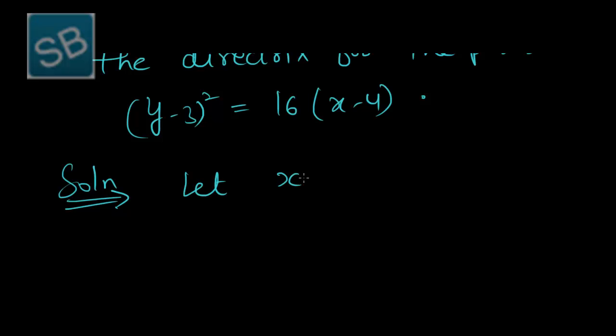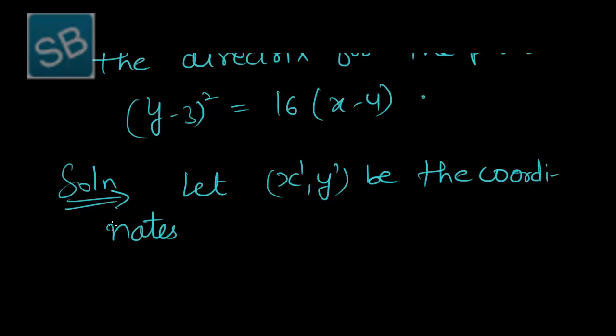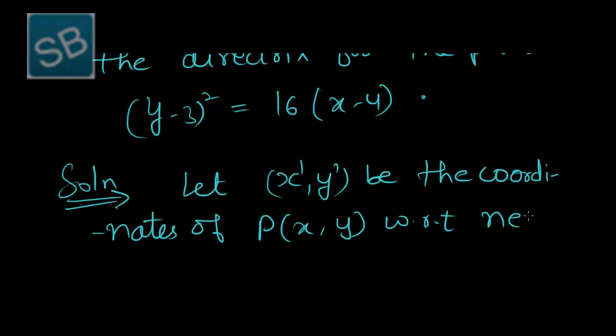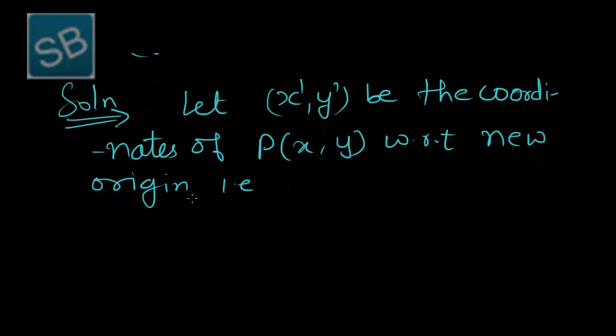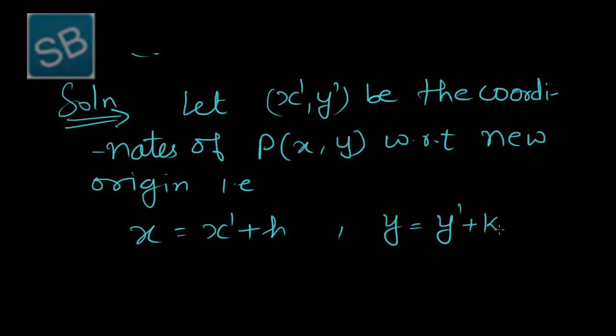Let (x dash, y dash) be the coordinates of P with coordinates (x, y) with respect to the new origin, that is x becomes x dash plus h and y becomes y dash plus k.